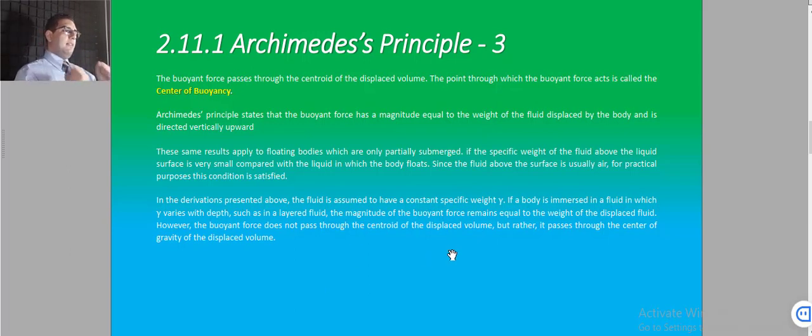So as a result, if we have a fluid with a varying specific weight, the location of the buoyant force exerted is the center of gravity of the displaced volume for a floating body in a fluid with varying specific weight.